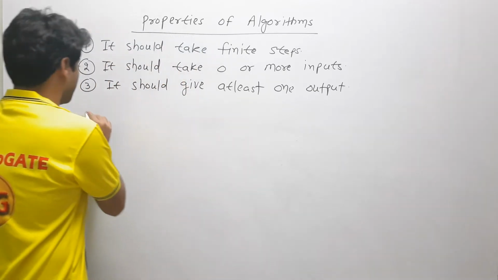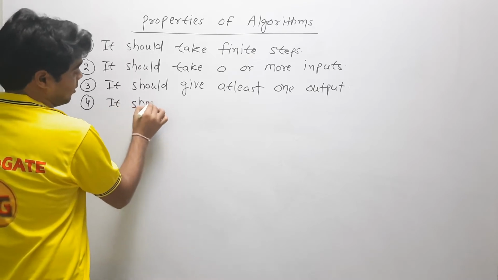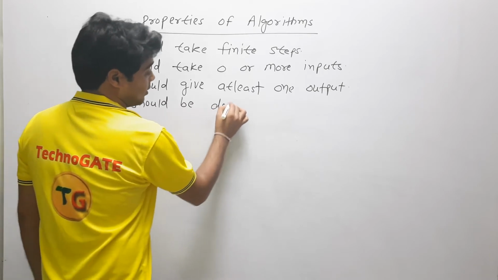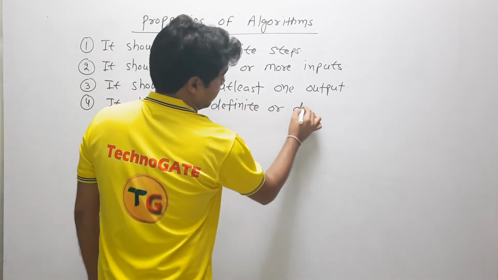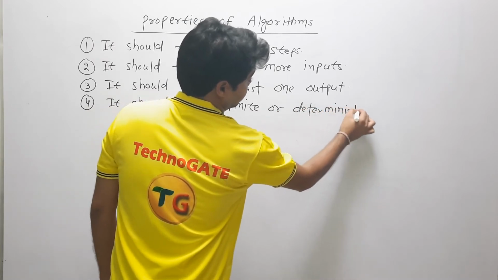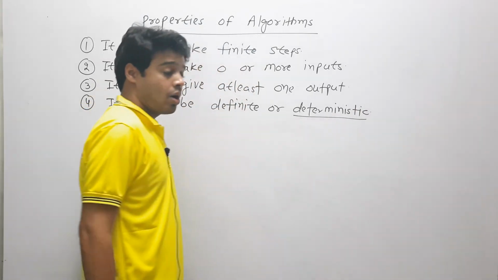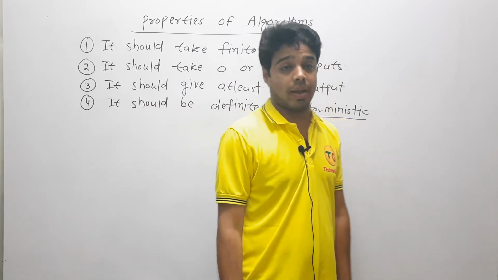So the fourth one is it should be definite or deterministic. What is the meaning of deterministic? It means for every input we always get the same output at any point of time.